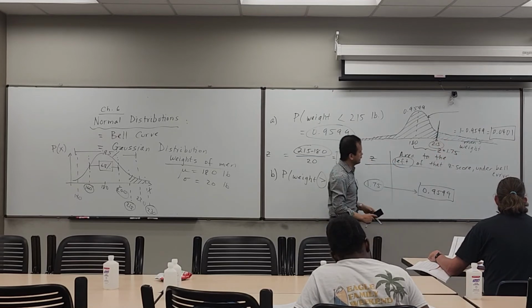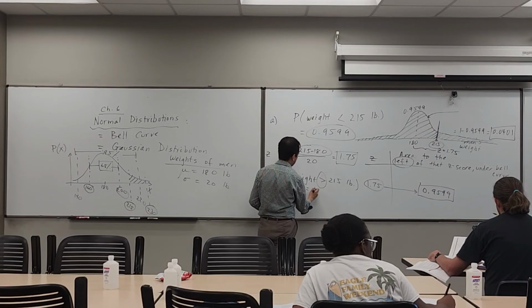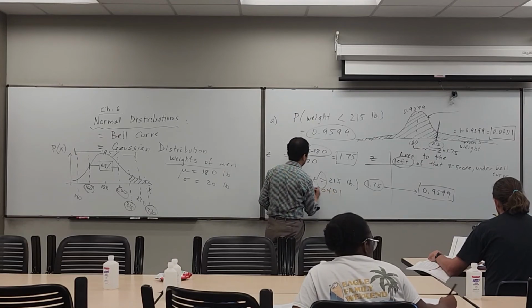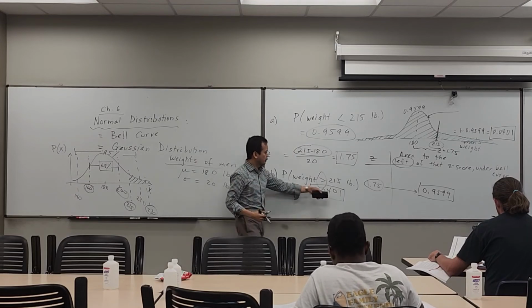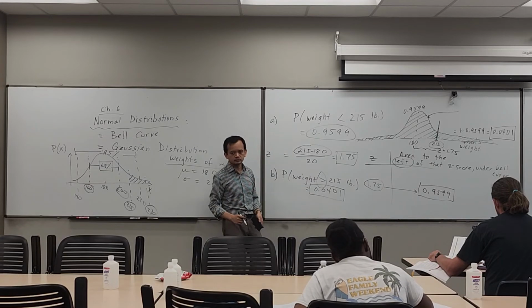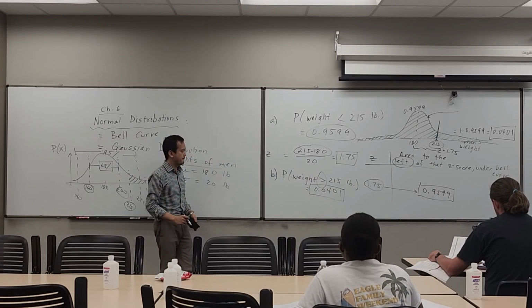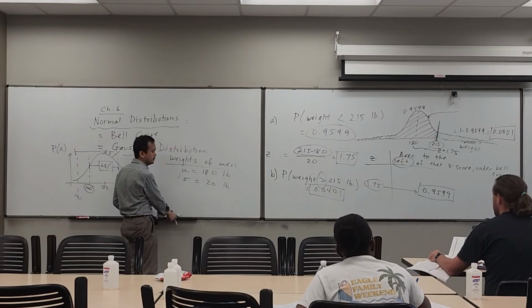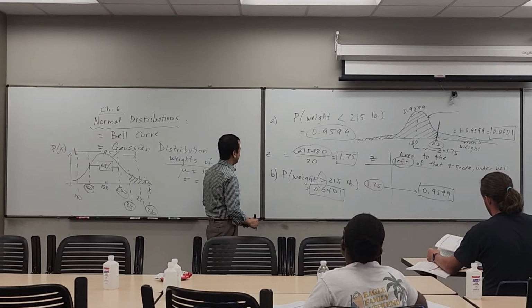Then you get the right area of 0.0401. That means that 4.01% of all men weigh more than 215 pounds. Questions?